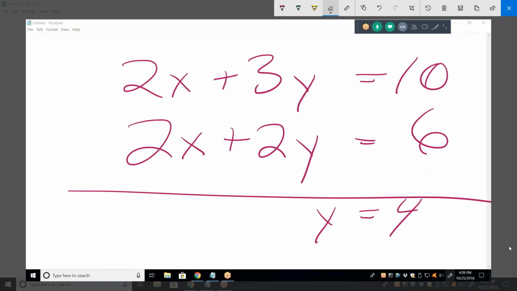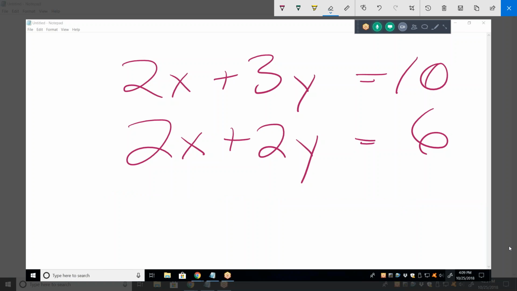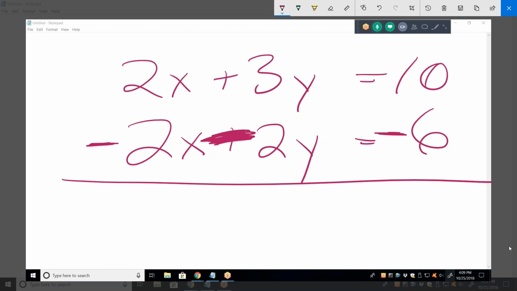Okay. But even in this problem, you could say, well, let's multiply the top or the bottom by negative 1. So let's make that a negative 2x, make it a negative 2y, let's make it a negative 6. And now addition is better than subtraction.